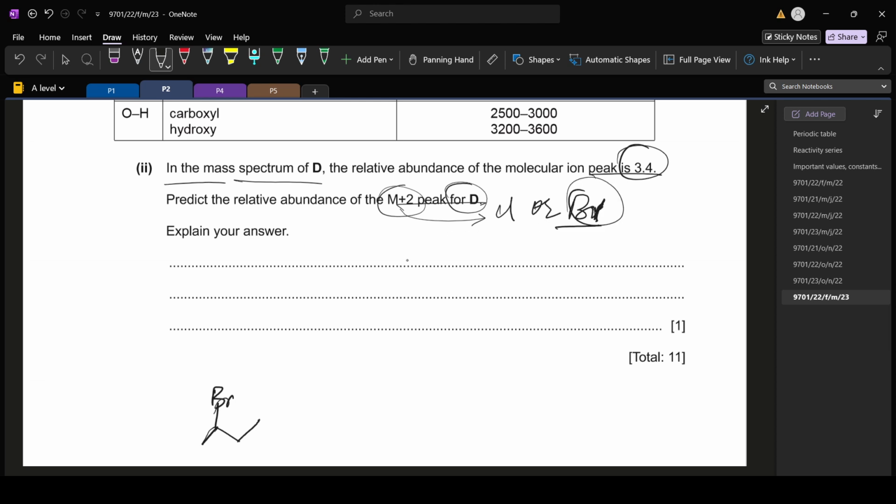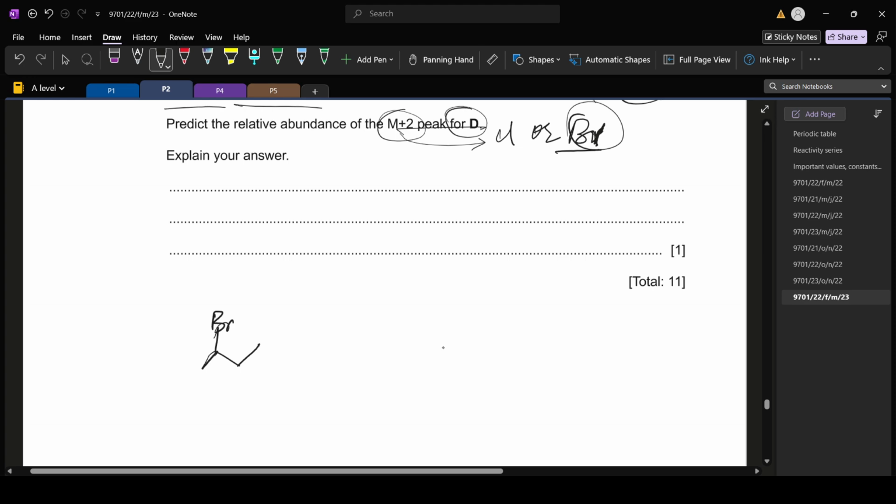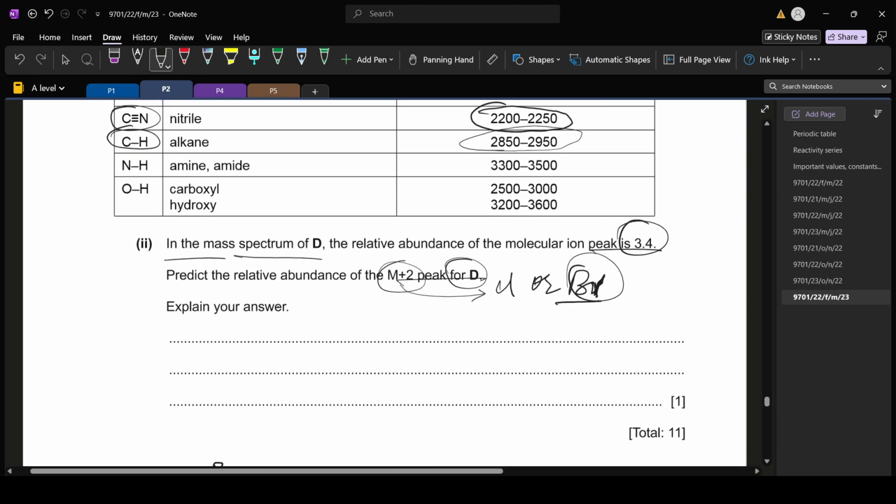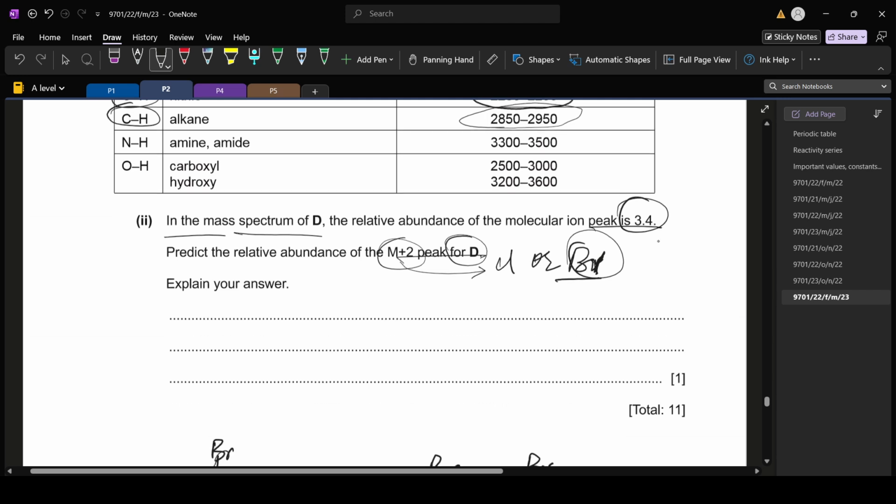There is bromine, and you must remember that the abundance of bromine 79 and bromine 81 is approximately 50 each. They both have the same percentage abundance. So the relative abundance of the M plus 2 peak will also be 3.4.